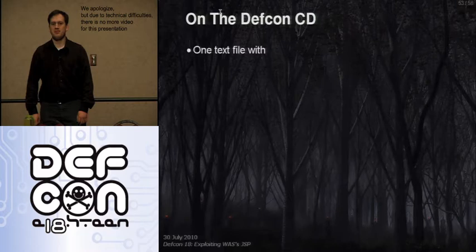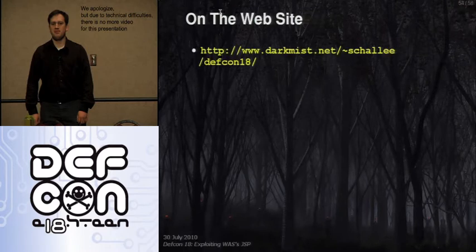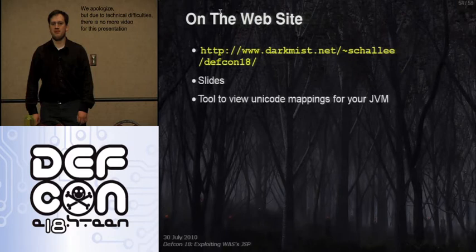So on the DEF CON CD, there's one text file with a URL to a website because I missed the CD deadline. Sorry. But on the website, and I'll be uploading this, there are slides. There's a tool to do the mapping of your JVM, which will list out all the different byte combinations for UTF-8, go through them, and show you what they're being converted to, and also what they do with the file system.